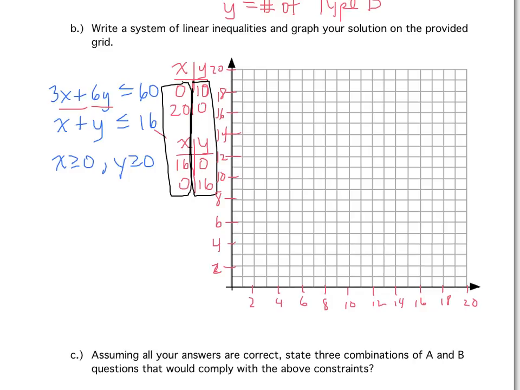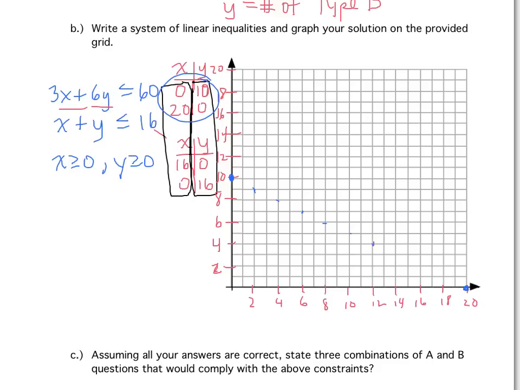Now that I have it labeled, I can go ahead and create my lines. From my first chart, it looks like I need to go from 10 on the y-axis to 20 on the x-axis. That means I'm going down 10 over 20, which is down 1 over 2, down 1 over 2, down 1 over 2, all the way across.